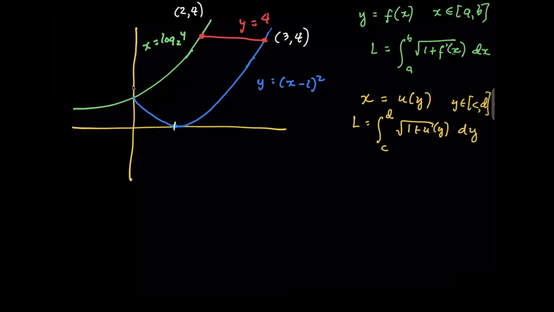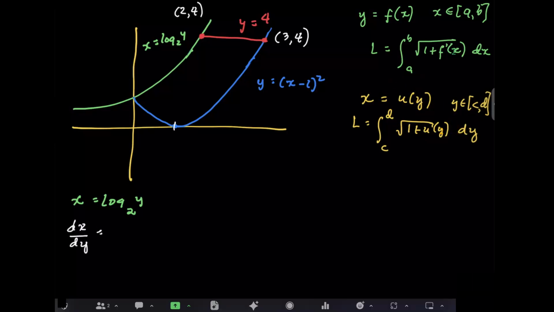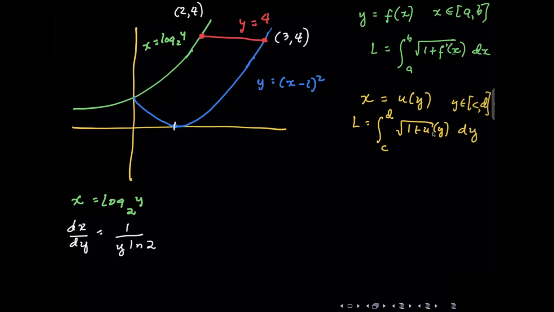Now, which of these two formulas are we going to use when we want to get the length of this curve? x is in terms of y, so we will make use of this one, dx over dy, or that is in this case our u'(y) = 1/(y ln 2). I still have my ln 2 here. So therefore, the length, let's call this L1.